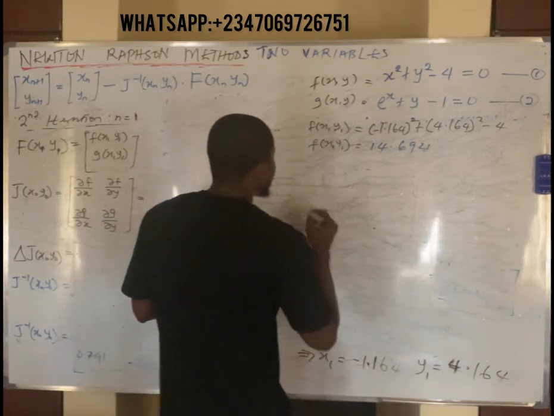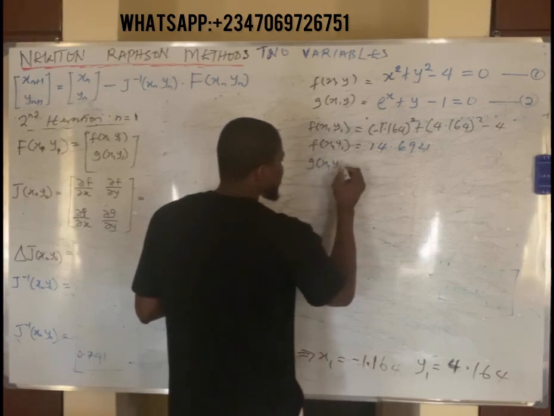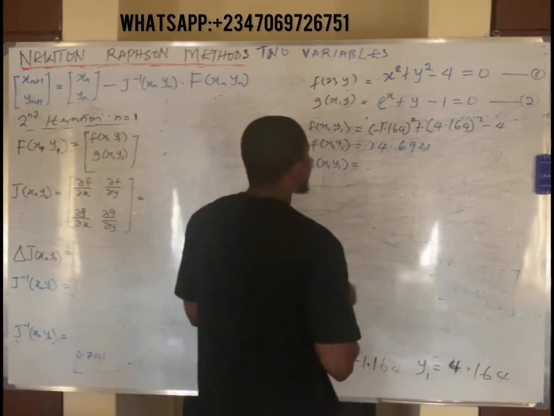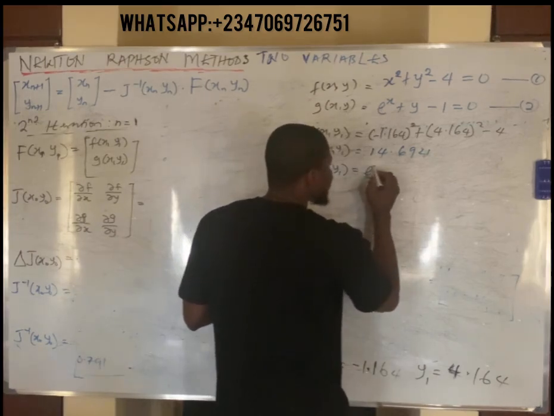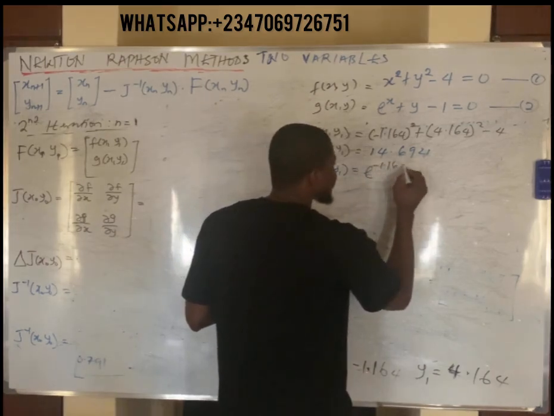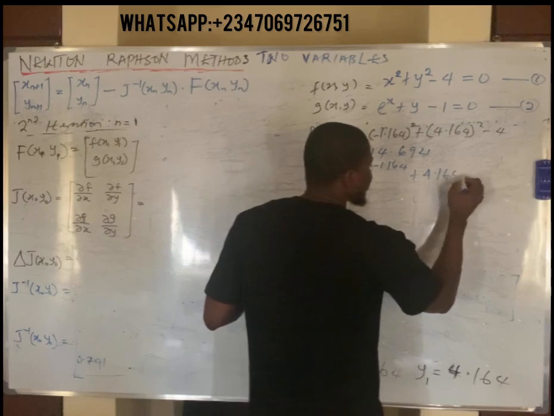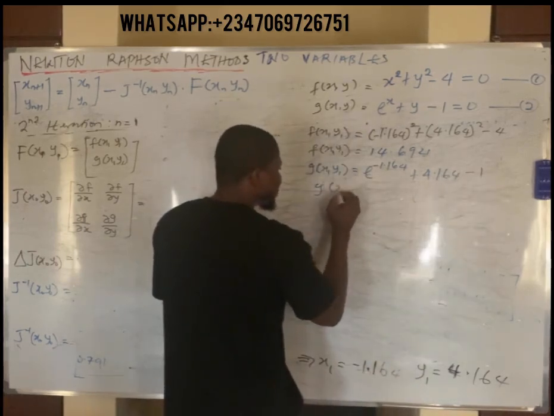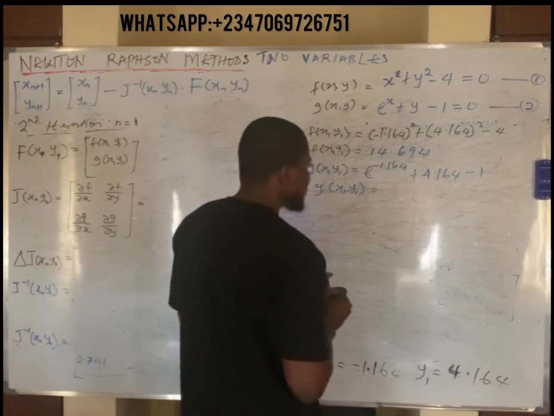Okay, next we find g of x1, y1. So this is going to be equal to exponential x, which is exponential negative 1.164, plus y, which is 4.164, minus 1. So let's see what g of x1, y1 gives to us. I'll punch everything all together.